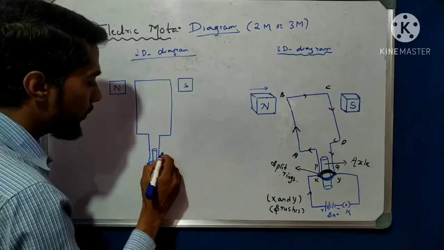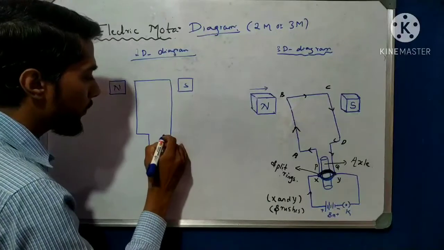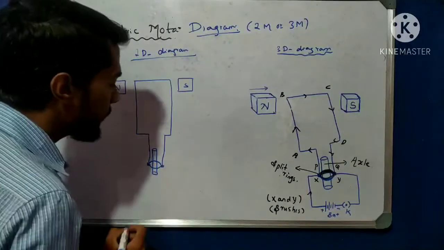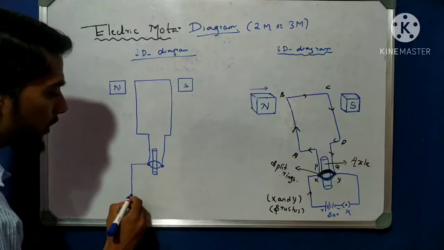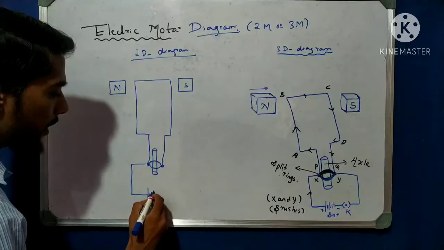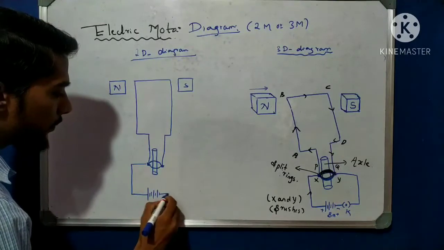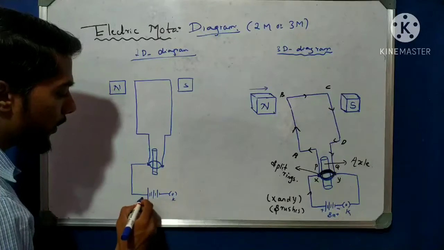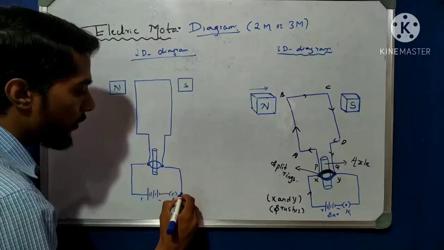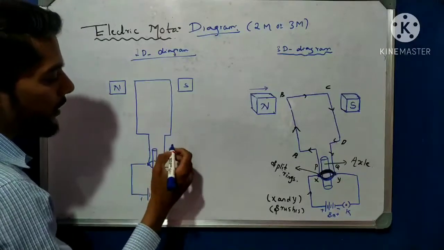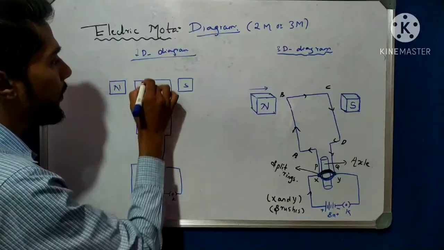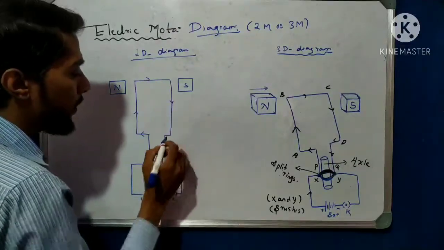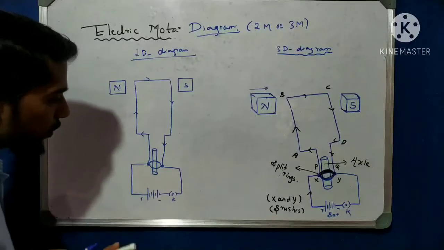It's connected here, this is connected here, and then from here it is connected to the battery, and this is a key, plus minus, and it is connected to the closed end. Okay, so here see, our current flows like that, you can draw it, and then this is XY.